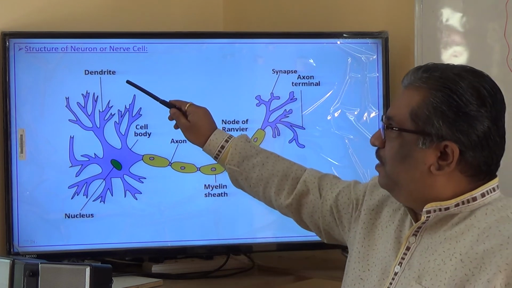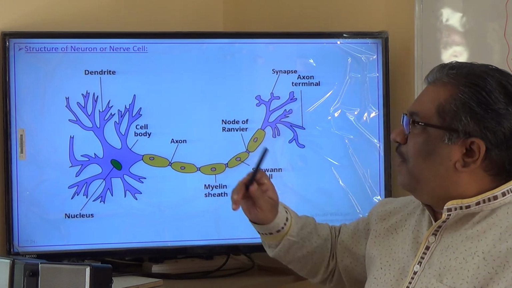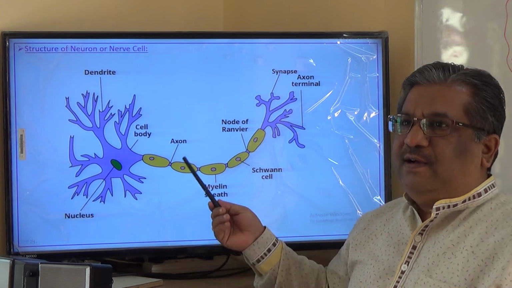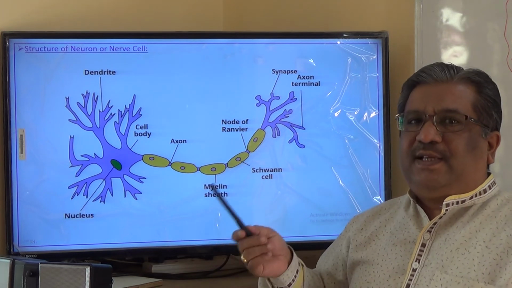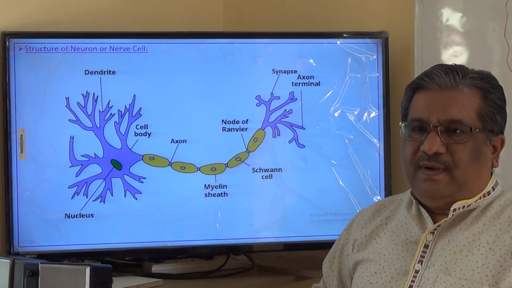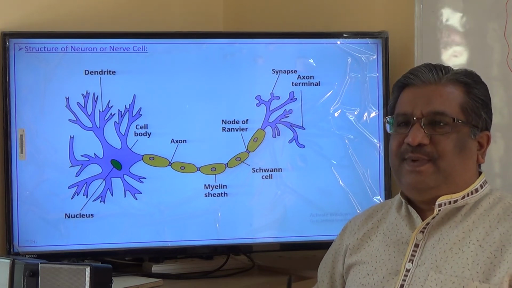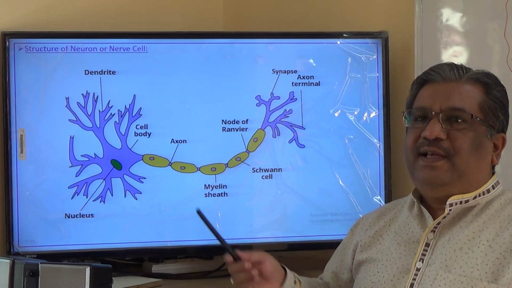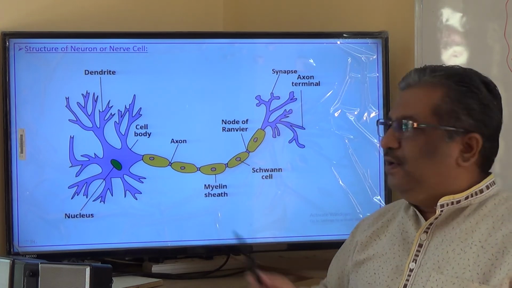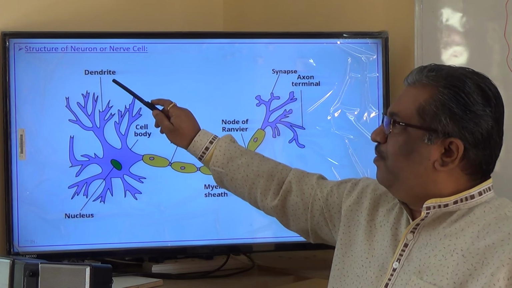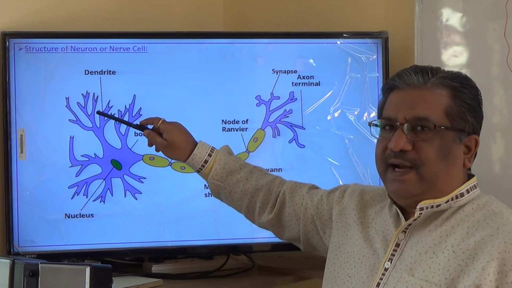See, mark that part on the nerve cell which gathers information. Identify and mark a part that transmits, that is the longest part in the neuron, that is the axon. The one which receives information is called dendrites.